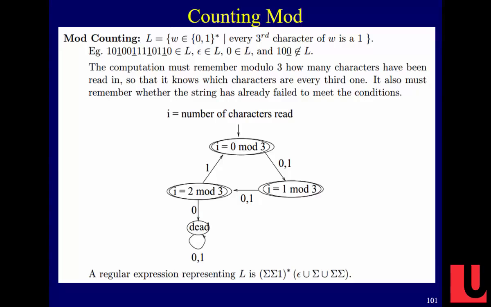So let me tell you what I could likely put on a test and what I would want from you. Likely I would give you something like that, and I would expect you to write a regular expression. And then I would say, hey, let's see if you understand this. Maybe I would give you a string and say, convince me that that string's in there.